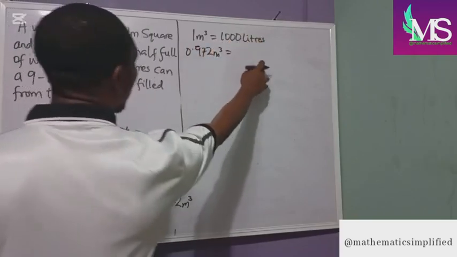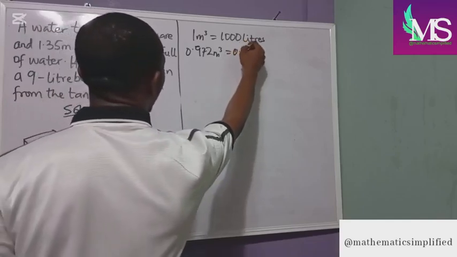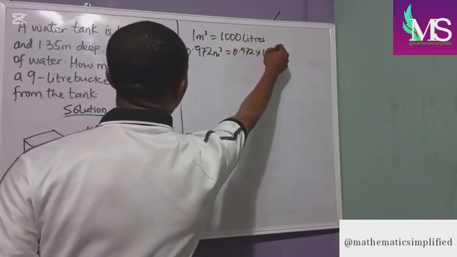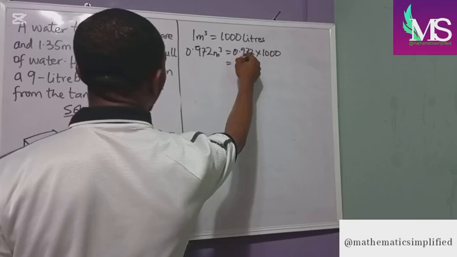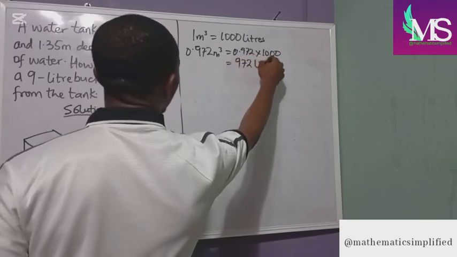So the number of liters will become 0.972 times 1,000. This will give us 972 liters.